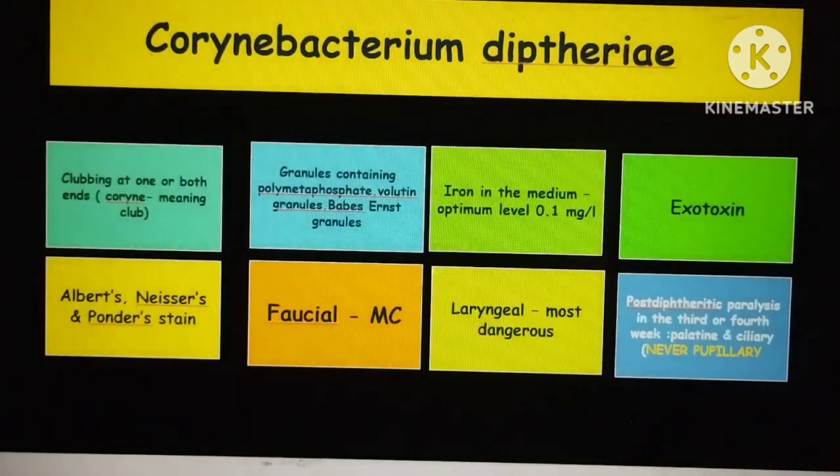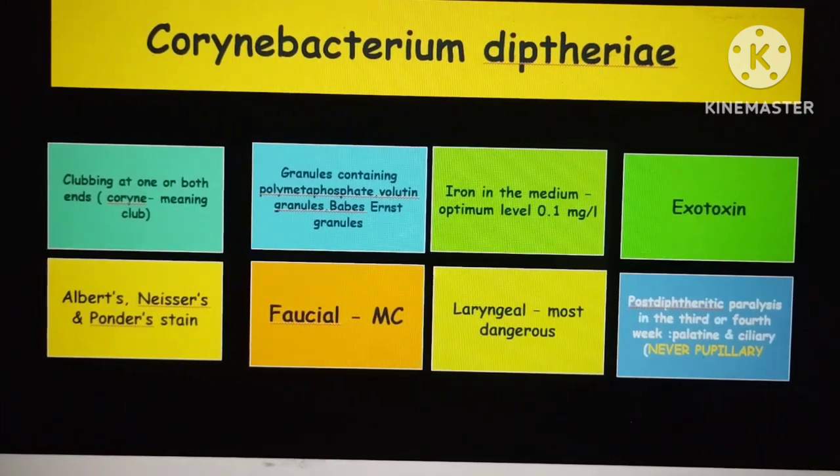Next, among gram-positive bacilli, is Corynebacterium diphtheriae. It is a club-shaped bacterium with granules containing polymetaphosphate, called volutin or Babes-Ernst granules, which are energy deposits. It requires iron at a concentration of 0.1 milligram per liter in the medium for growth.